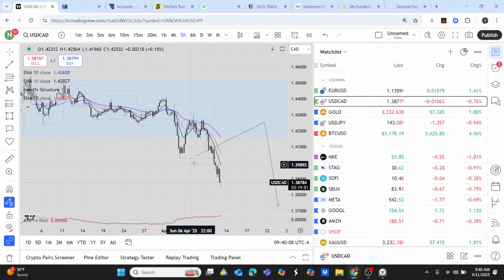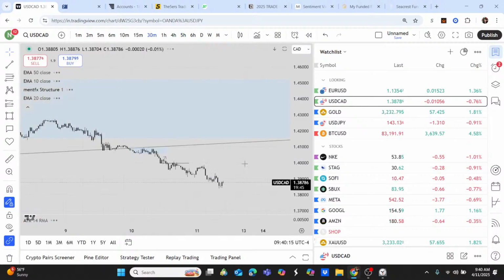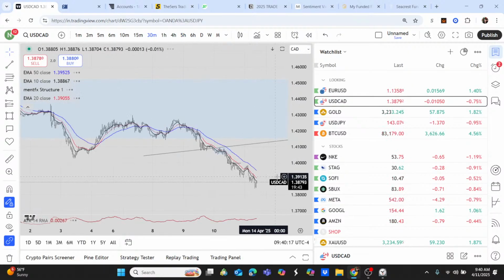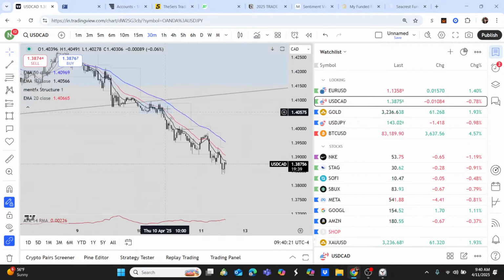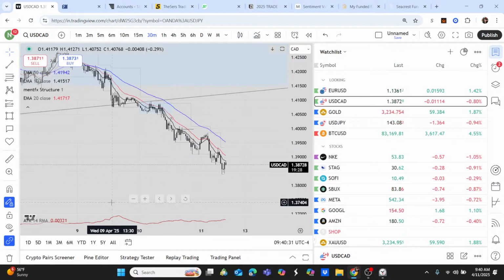It was making this first potential fractal break, but it was moving out of the area. Then the validation time frame, the 30 minute, was doing the same thing. It was around this area, but I didn't want to get involved just because it was consolidated in this area. So I wanted just a nice move set up. That's it.